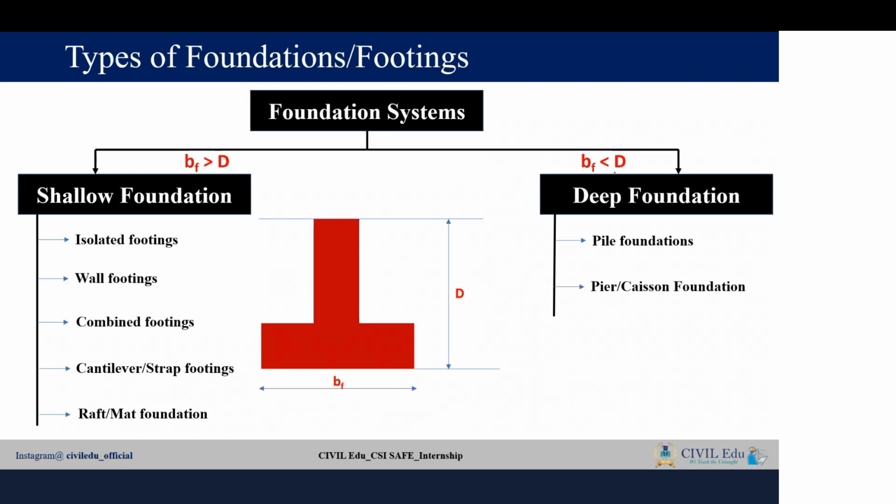In shallow foundations, we have five categories: isolated, wall, combined, cantilever or strap footing, and then the raft foundation or mat foundation. The thing to remember is, when the BF value is greater than D, it's called a shallow foundation. When the BF value is less than D, it's called a deep foundation. Right. Now let us understand the different types of shallow foundation.